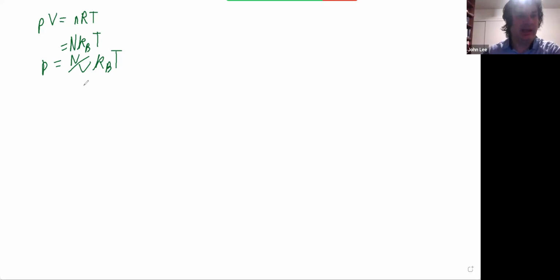Actually, this isn't in the book, so I'm going off my own intuition here. Mass is equal to rho times V, so 1 over V is equal to rho over mass.